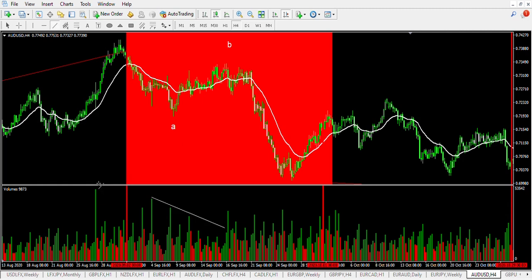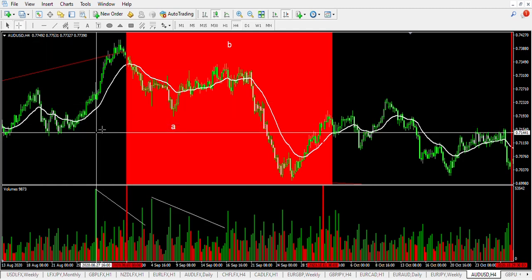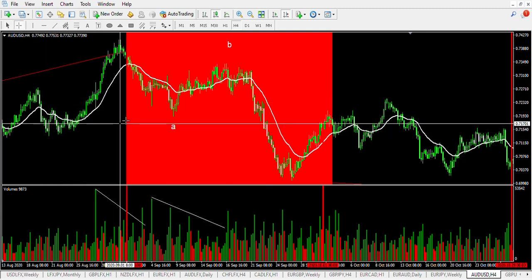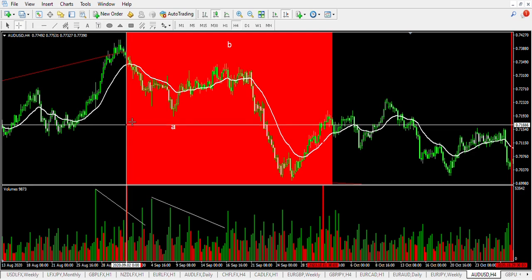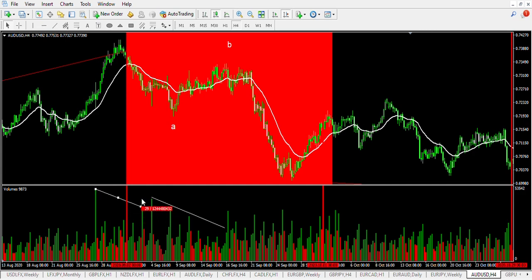We have the drop here. Price started dropping from this zone to this high. We have the drop. That's the wave A and the wave B drop. This is wave A. And this is the wave B.